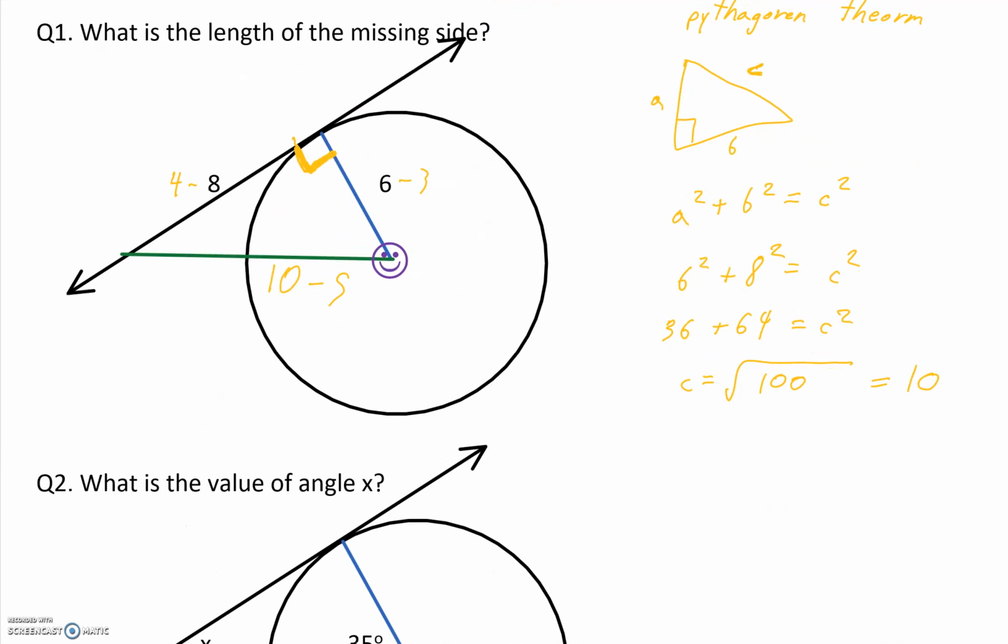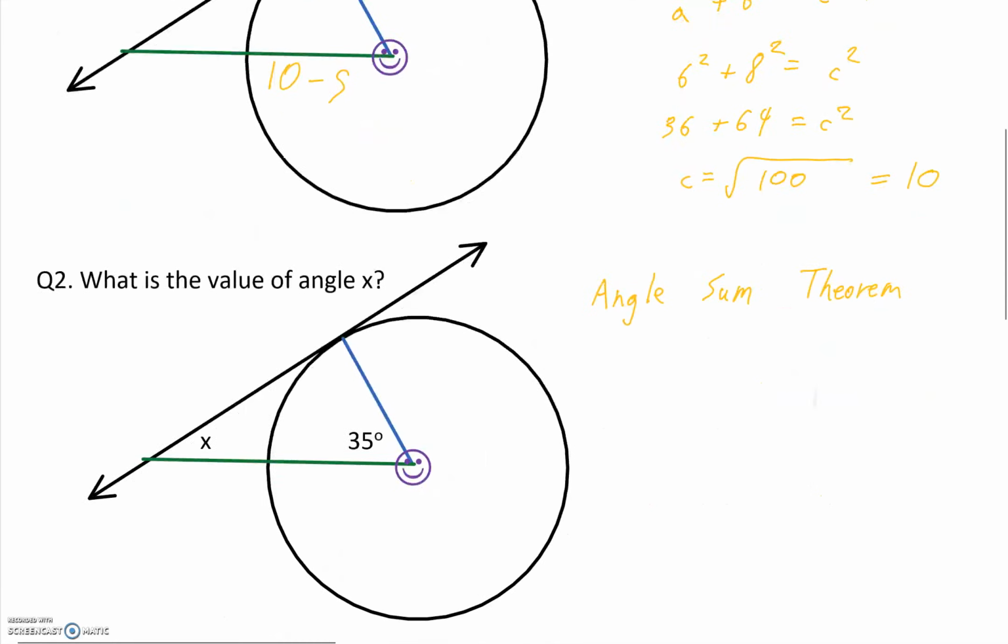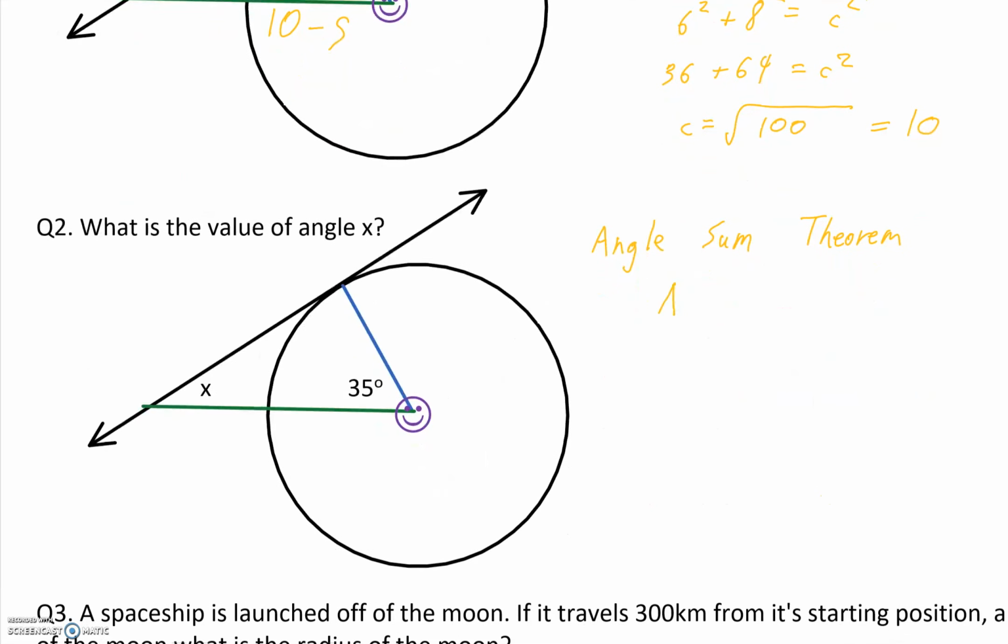This is, I call it angle sum theorem, which is that all angles add to 180 in a triangle. So this is not just a right angle triangle. This is any triangle, okay?